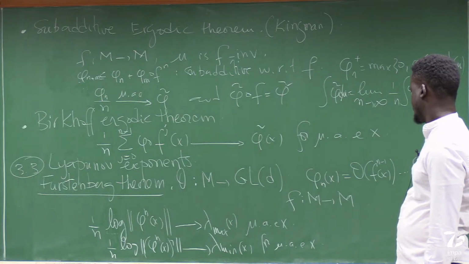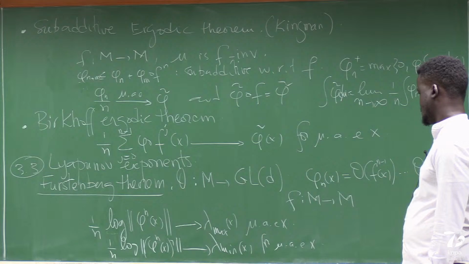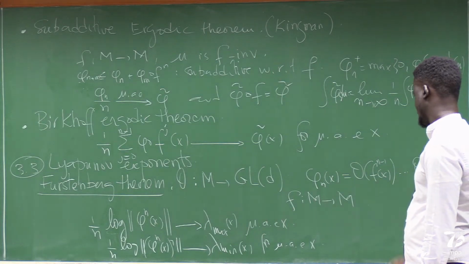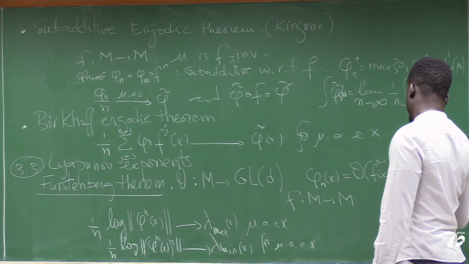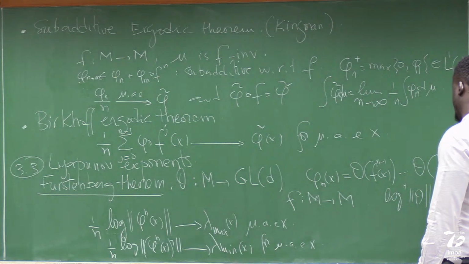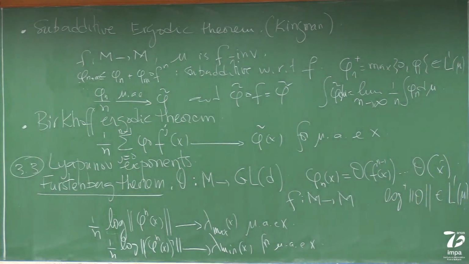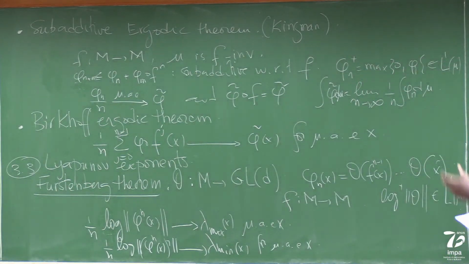Oh, I forgot, there is a condition that theta should be integrable: the log of the norm of theta is in L1. And of course, you have mu that is f invariant. So this is just a recall; we have it in the course.